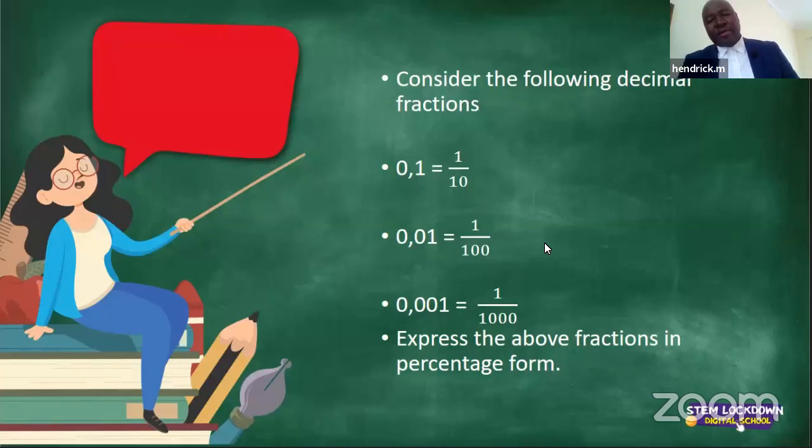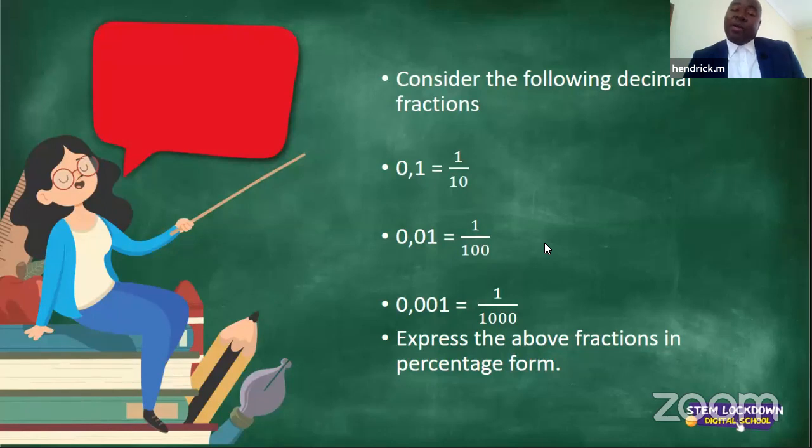Consider the following fractions. We have 0,1, and we want to write 0,1 as a common fraction. Remember that 0,1 is written now as a decimal fraction. And we are now going to convert this decimal fraction into a common fraction. How do you convert a decimal fraction into a common fraction? This means you will have to move the comma.